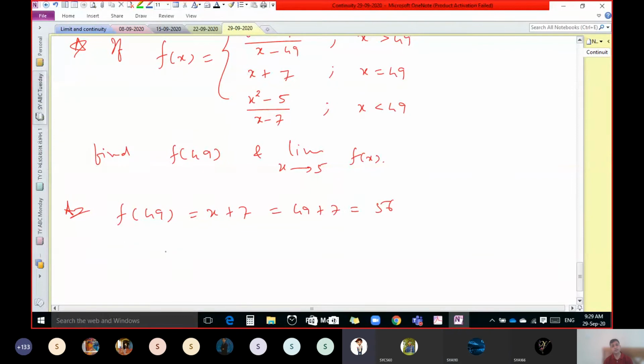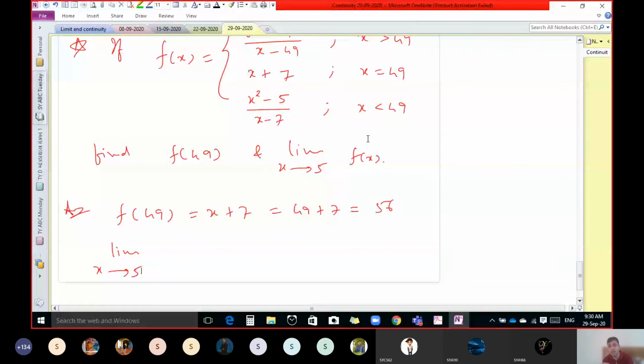Sir, as per third equation. Which function we have to use here? First one, second one, or third function? Only third one. So no need to find out left hand side limit and right hand side limit, because only this third function is applicable for all situations when x is less than 49.